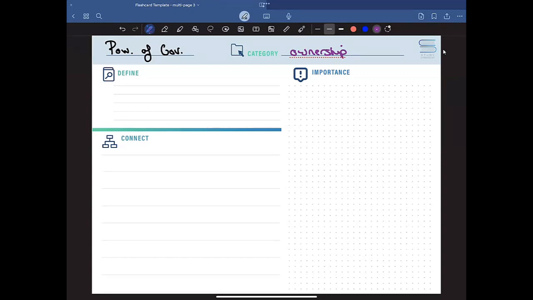Awesome. You already told me the powers of government. You gave me PETE. Police power, escheat, taxes, and eminent domain. And I'm kind of relating these together.